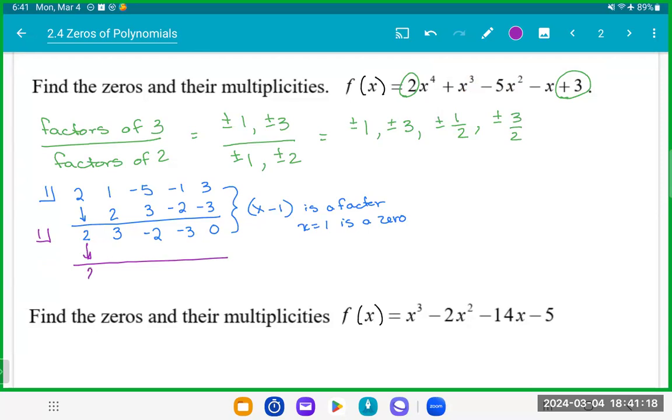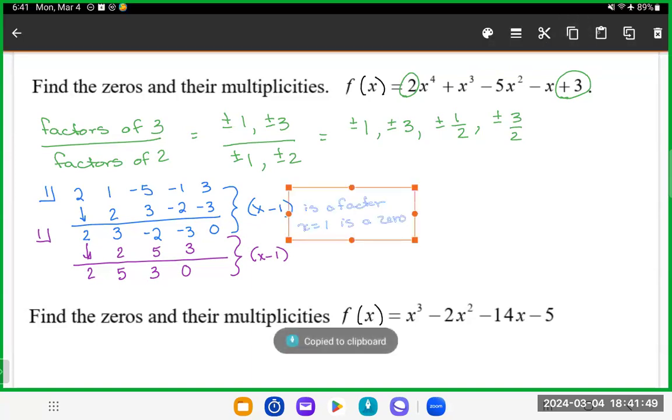And we bring this down and we have a 2. 2 times 1 is 2. Add that to 3, we get 5. 5 times 1 is 5. Minus 2 is 3. 3 times 1 is 3, plus -1 is 0. So that means that x minus 1 is a factor, and x equals 1 is a 0 again.